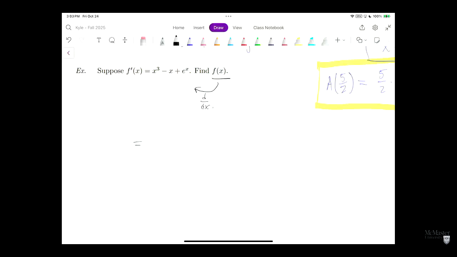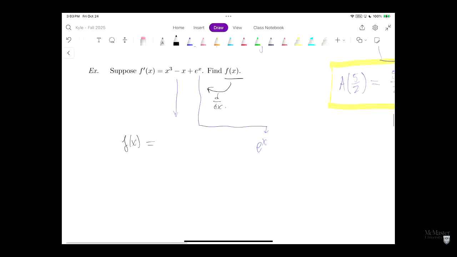Okay, let's do this term by term. Let's start with e to the x. What function, when you take its derivative, gives you e to the x? Yeah. e to the x, very good. The exponential function is its own derivative. Now, to get an inverse power rule, we'll remember our original power rule: the derivative of x to the n is equal to x to the n minus 1 times n.